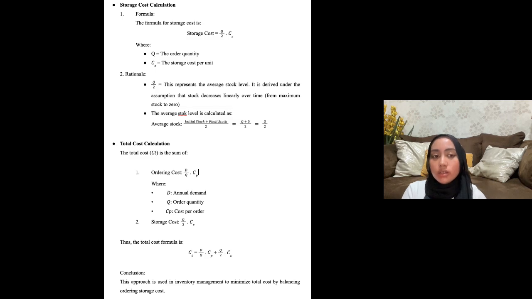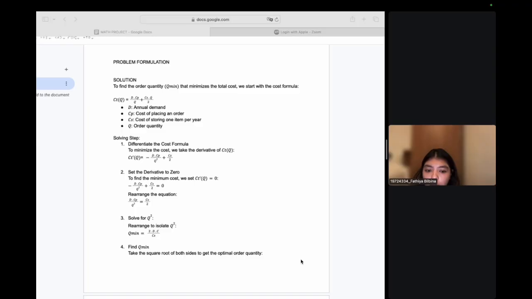And then the total cost formula is CT equals D divided by Q times CP plus Q divided by 2 times CS. This approach is used in inventory management to minimize the total cost by balancing the order and the storage costs. That's all.